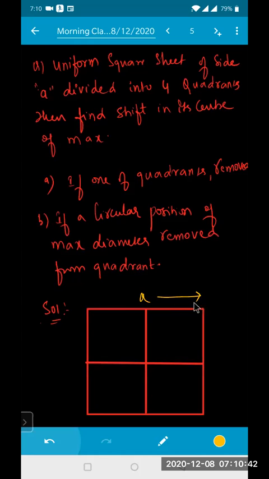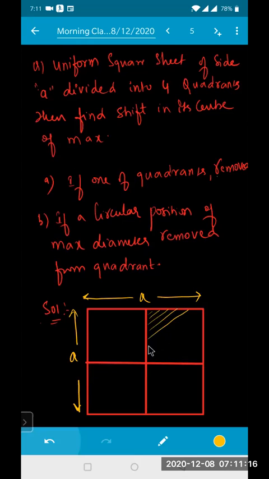From here to here, this distance is a, and this distance is also a. The uniform square sheet of side a is divided into 4 quadrants. Then find the shift in the center of mass of the maximum if one of the quadrants is removed. Let us say I am removing this quadrant.